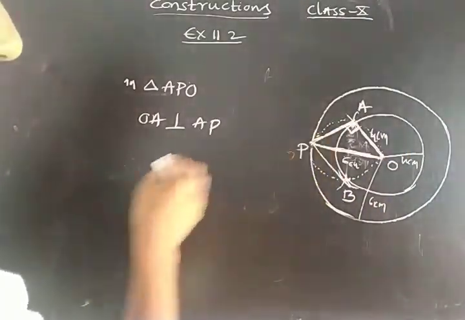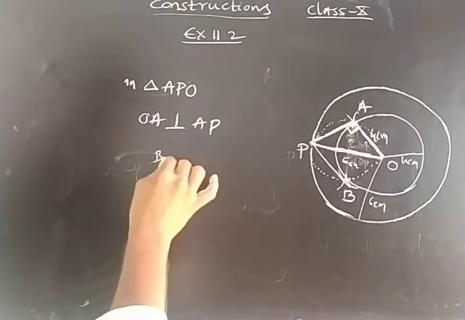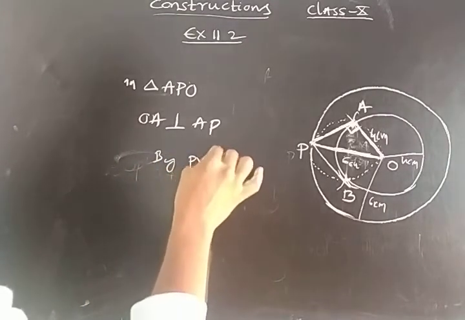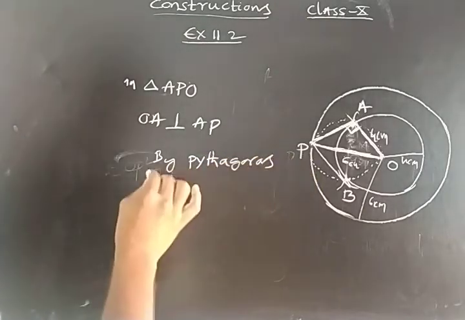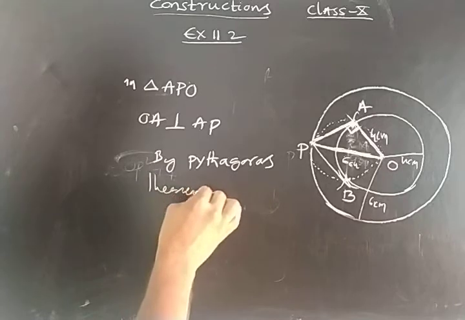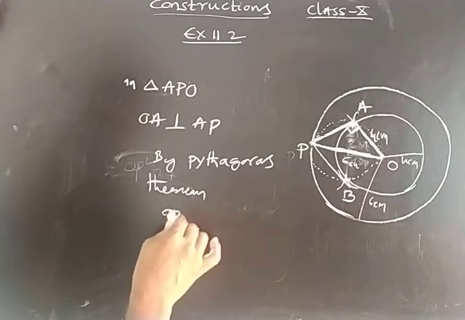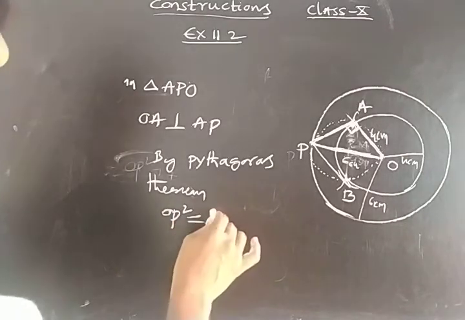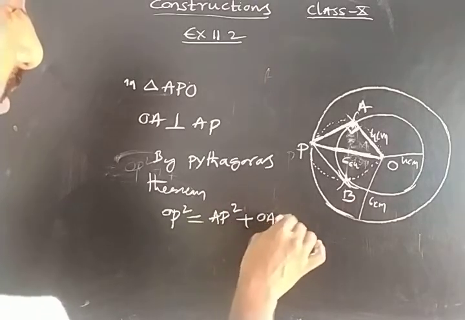So by Pythagoras theorem, OP square is equal to AP square plus OA square.